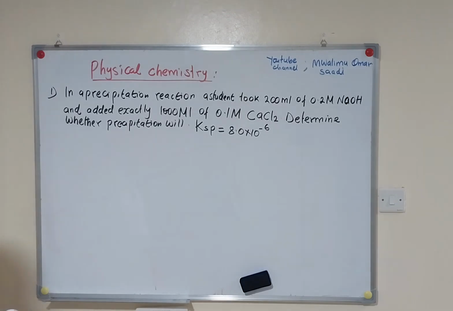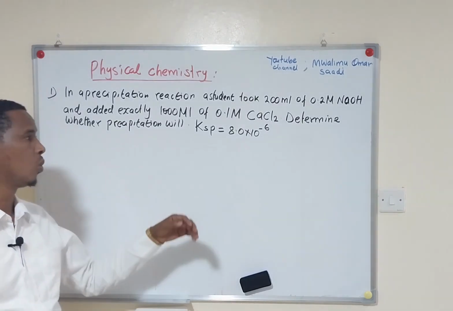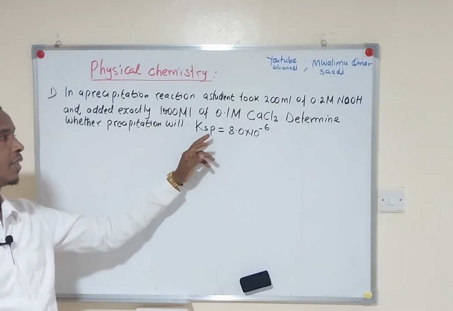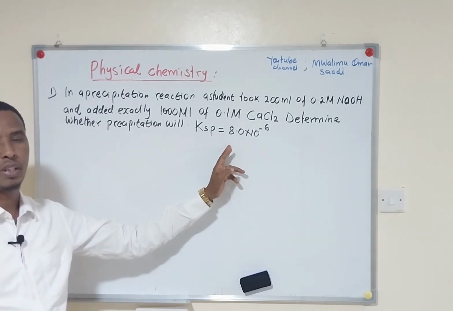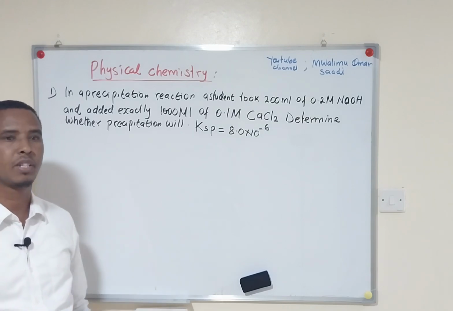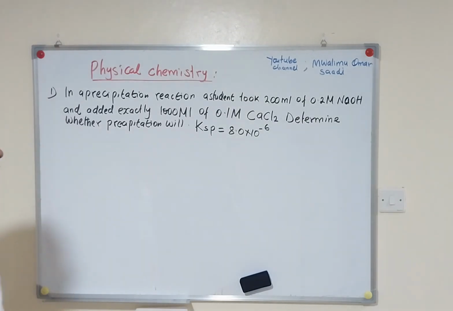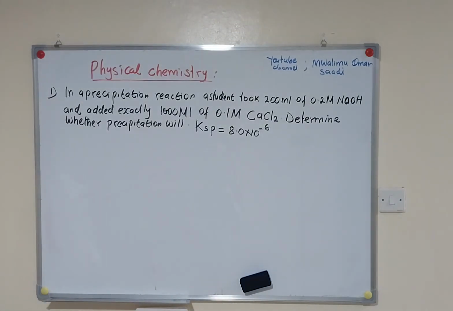And if the reaction quotient Q is greater than KSP, that means there is precipitation occurring. So first we need to get the reaction quotient of this reaction.